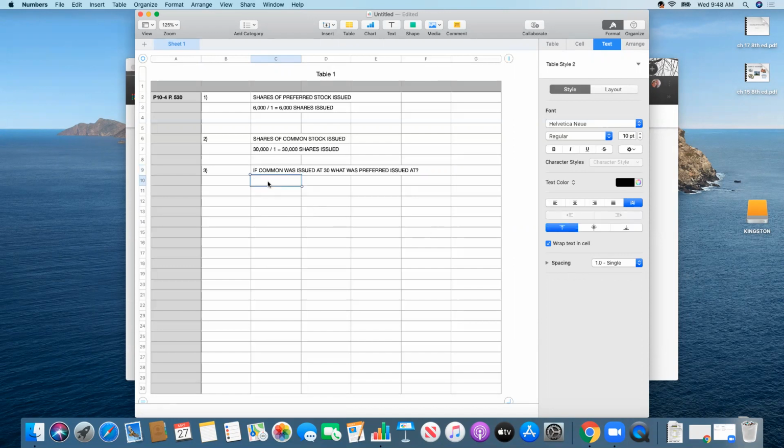So let's see. There were 30,000 common shares issued times $30 per share.